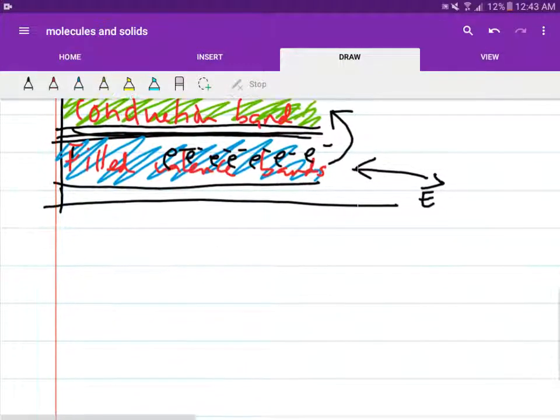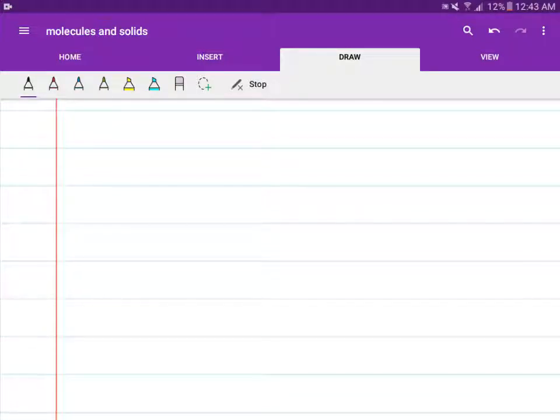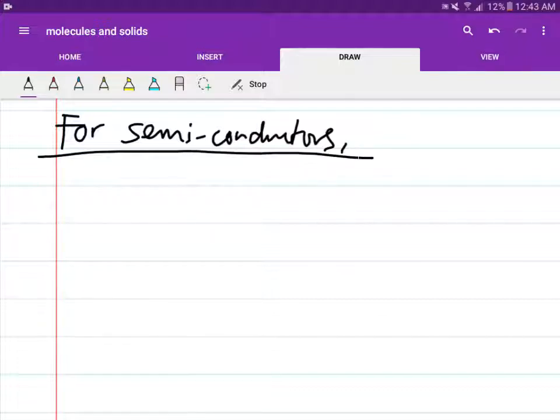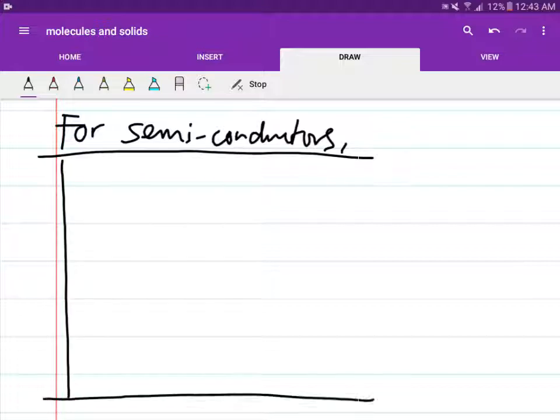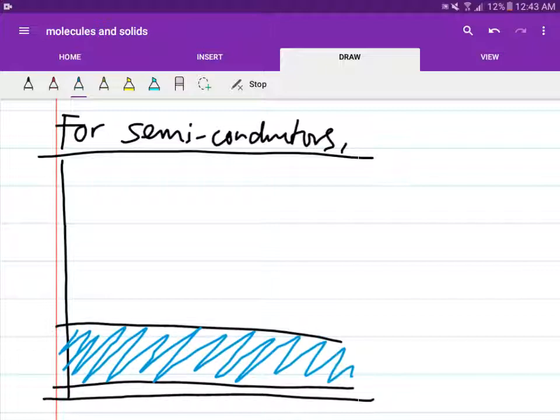Now, let's take a look at the case of semiconductors. This is their filled valence band.